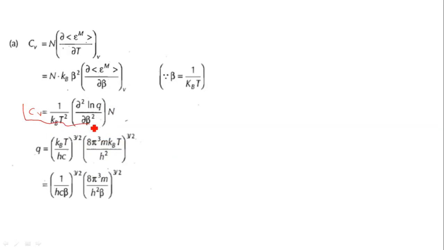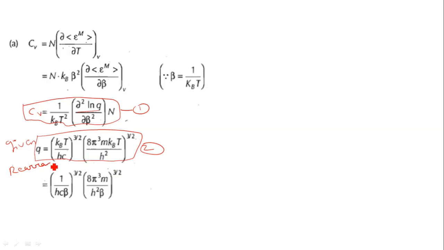this equation, 1 by kBT square dou square ln Q by dou beta square, at constant N. Now they have given Q equal to this equation. So you take this first equation as equation 1, and this given equation as equation 2. Now you rearrange this equation.